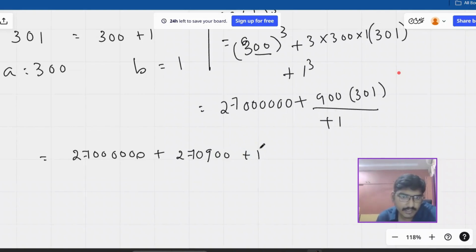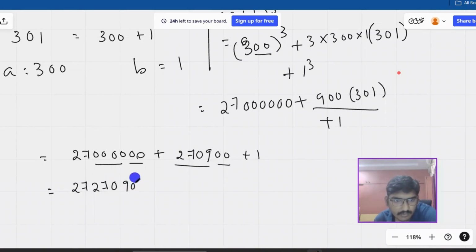Plus 1, and adding these things, leaving 2 zeros, we have 4 numbers, and here 2 zeros and 4 numbers. I am placing it after that 27, right? 09, and here I am placing 1. So this is the answer.